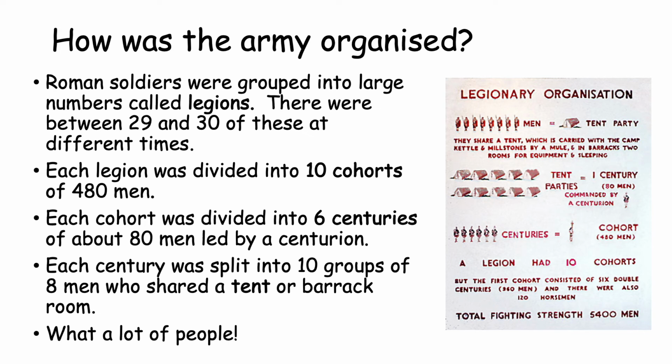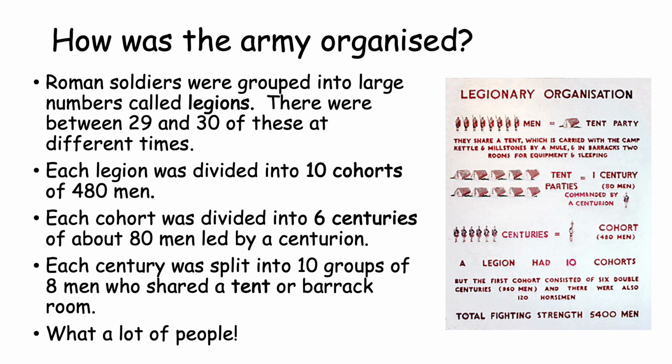So there you can see a bit of a pictorial way on the side. You have the legions, and there were between 29 and 30 of the legions. A legion was then divided into 10 cohorts of 480 men.